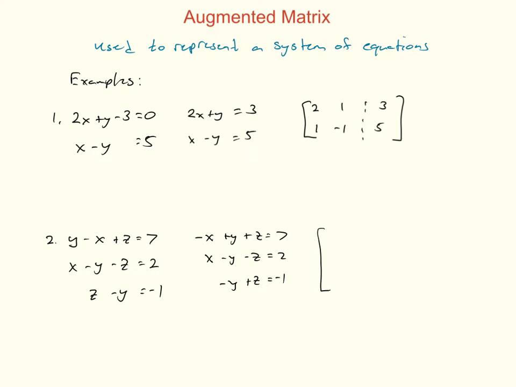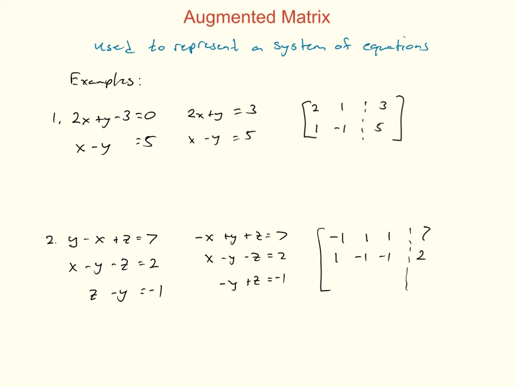My first equation, the coefficients are negative 1 on the x, 1 on the y, 1 on the z, and then I have my equal sign, and it equals 7. My second equation, the coefficients are 1 on the x, negative 1 on the y, negative 1 on the z, and it equals 2.